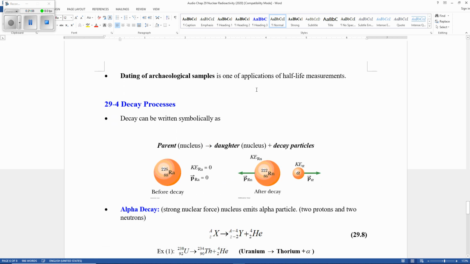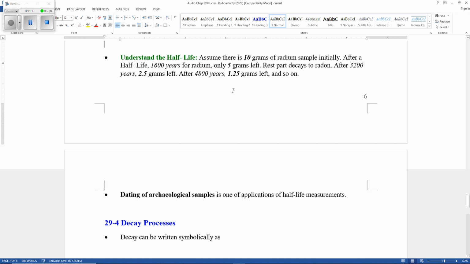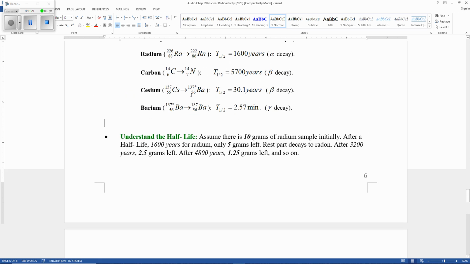Okay, so we can discuss just a little more detail. We have many applications, like dating of the fossils. You see the carbon 14. Carbon 14 has a half-life of almost 6,000 years. Okay.